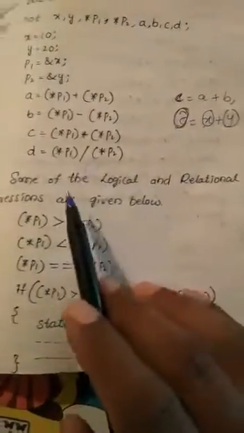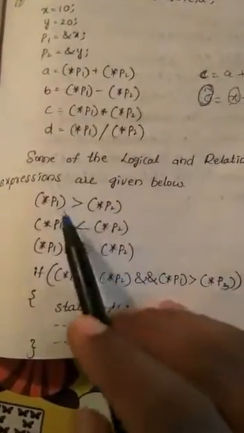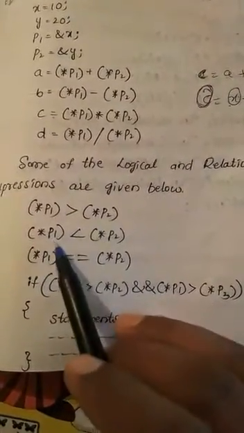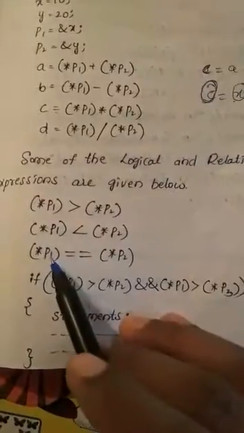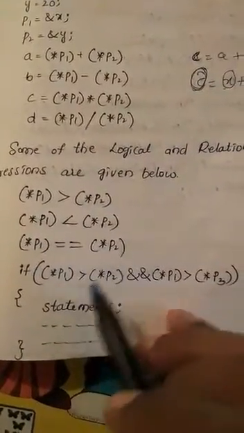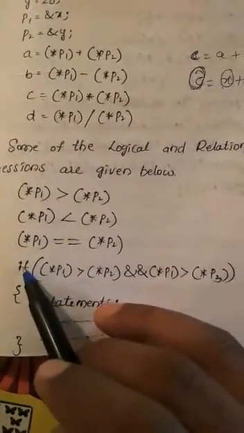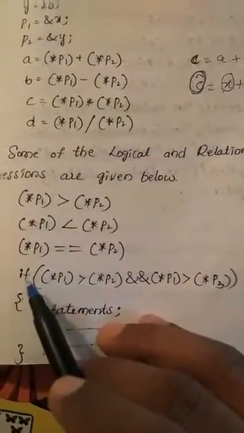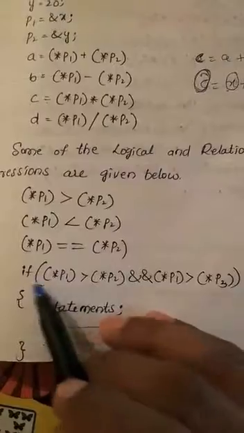Similarly we can use pointers in logical and relational expressions also: star P1 greater than star P2, star P1 less than star P2, star P1 equals star P2.